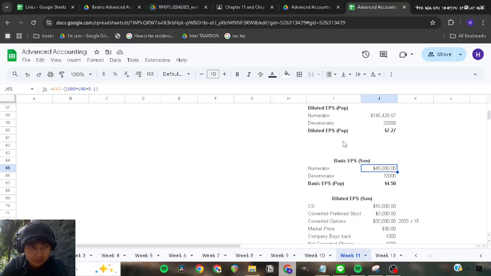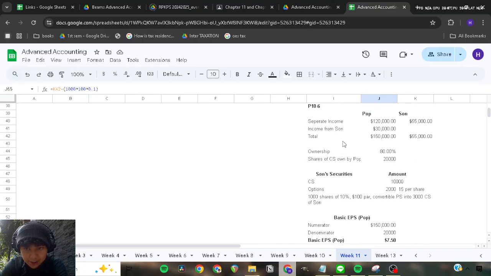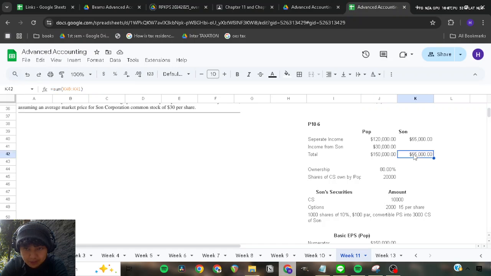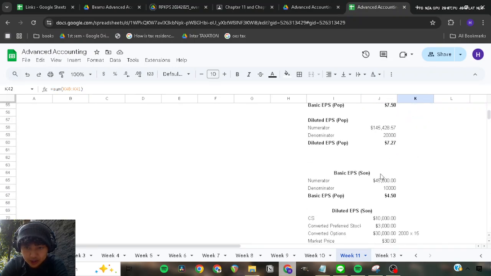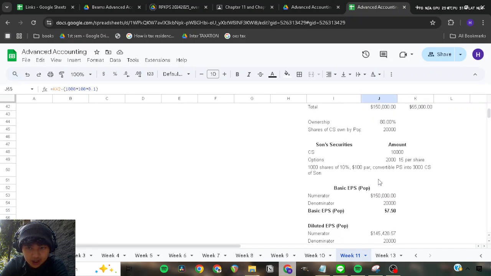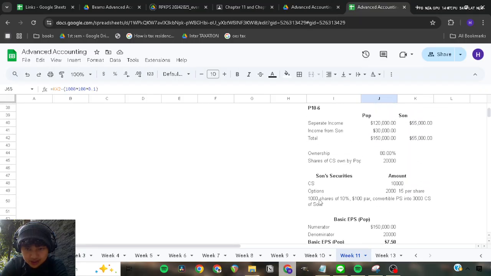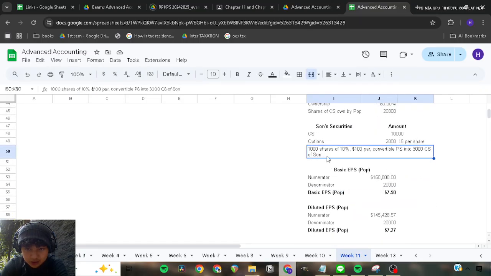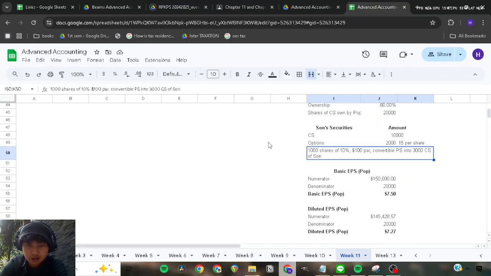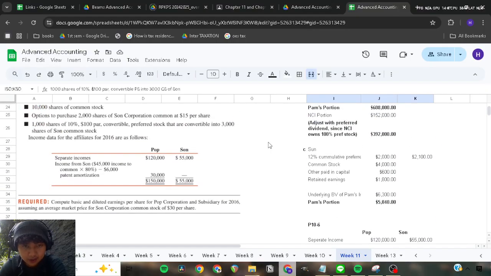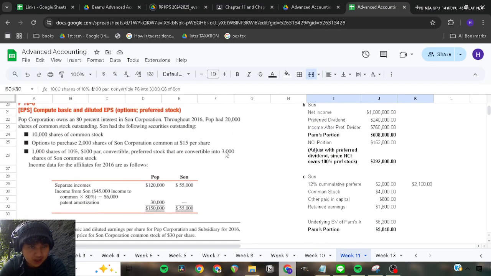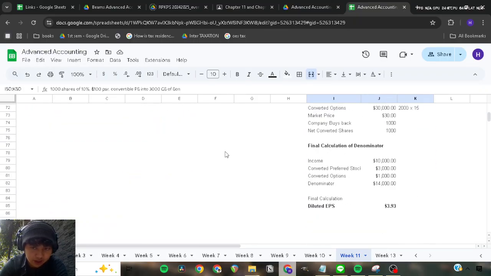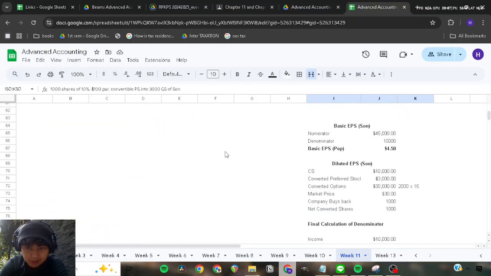For the numerator, we're gonna get the total income of 55, and then we're gonna deduct it by this, the 1,000 shares of 10% at $100 par value, and that is provided in the problem. I basically just calculate them by multiplying all of them.